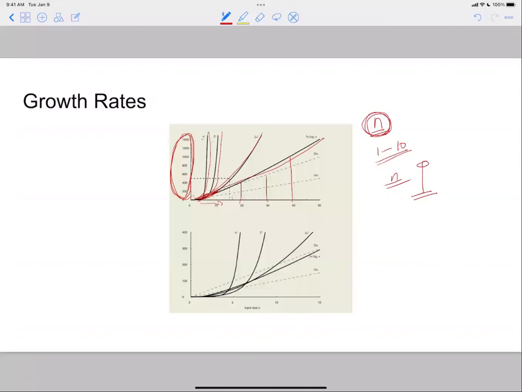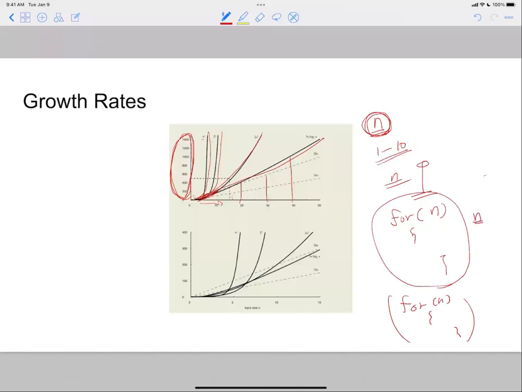So I will give you another good example. If you have a for loop running n times, and let's say you have two for loops, how many iterations will this one do?